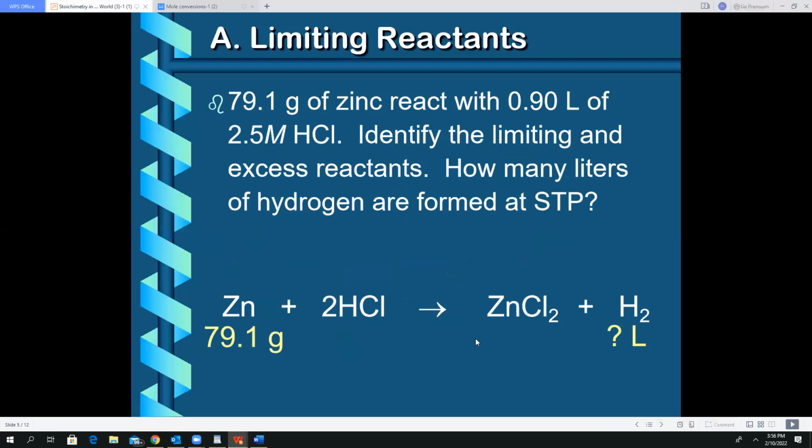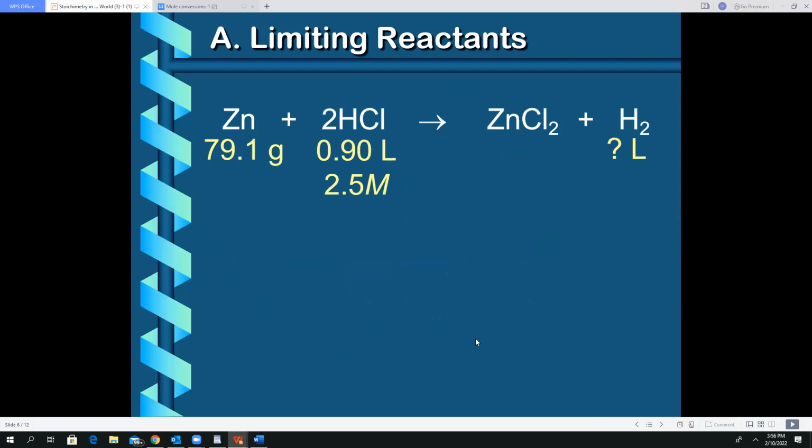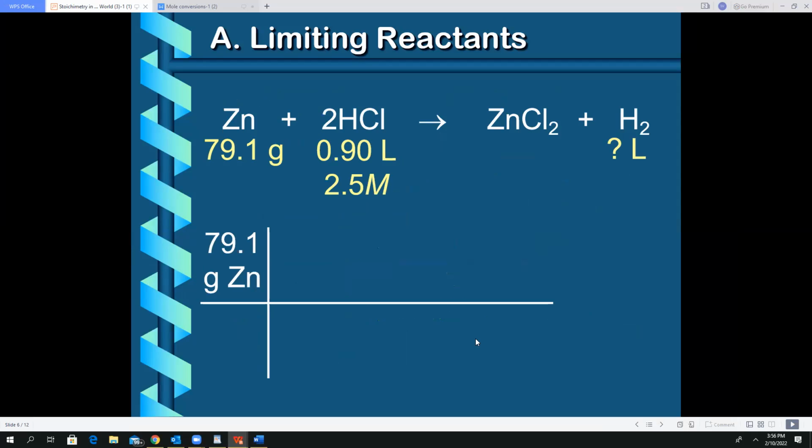All right, so here we go. We are going to figure out, this is what we know, right? This is all that they gave us. And we need to figure out which one of these is our limiting reagent. To do that, you need to do your stoichiometry. Just like we said, we've been doing this.